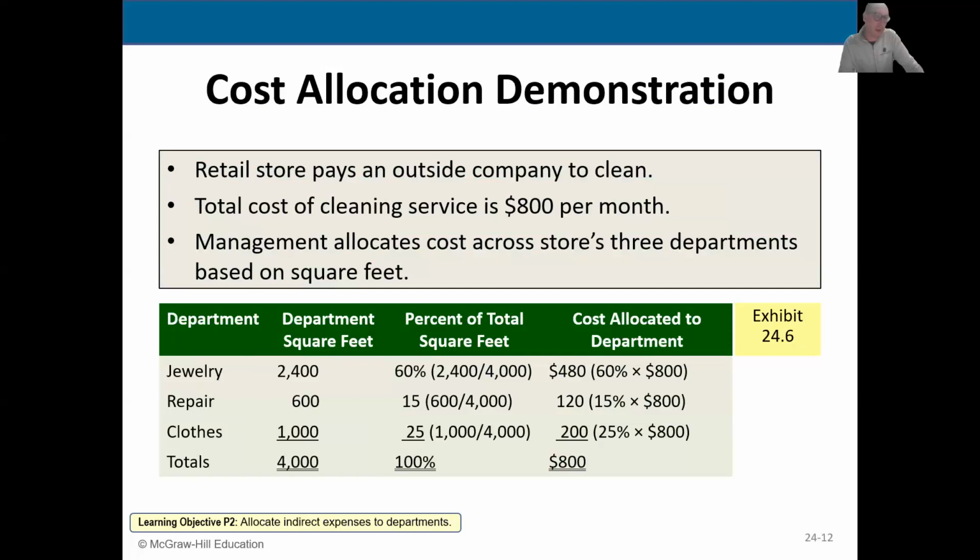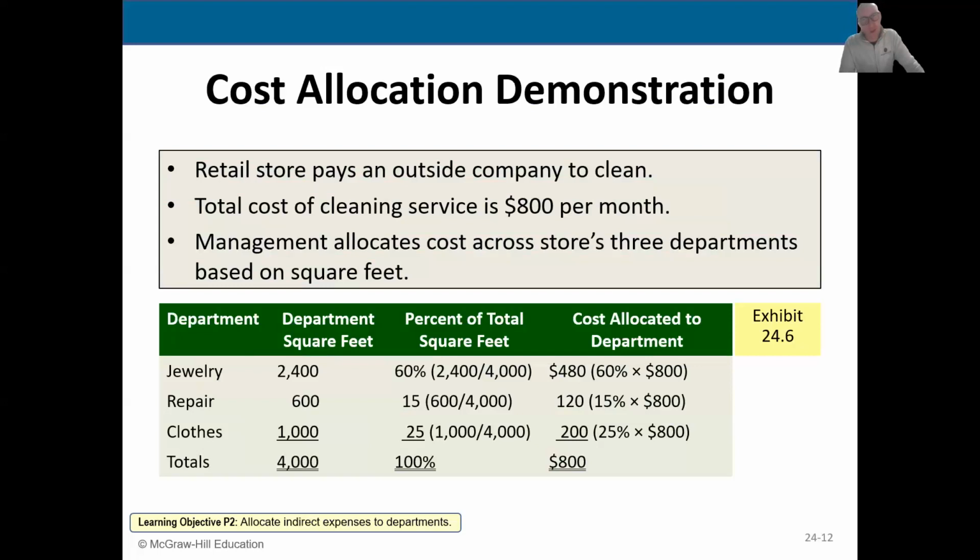We do it by selecting the allocation base. In our example, the allocation base is based off of the square footage of each department. So here's some information. The total size of the store is 4,000 square feet. Small Macy's. Okay. We have 3 departments: jewelry, repair, and clothing.